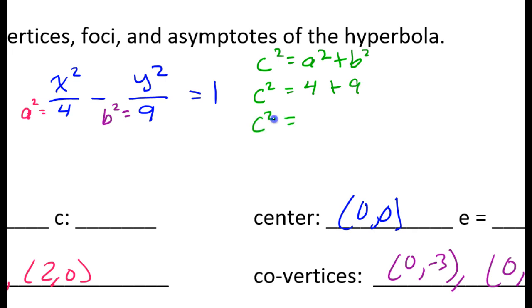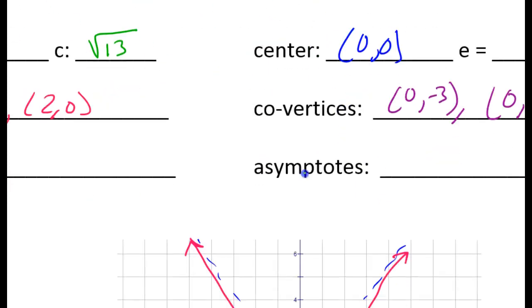So c squared is 13. So c is the square root of 13. It would be useful to know the decimal approximation of radical 13. So the square root of 13 is approximately 3.6. So that'll be useful for graphing purposes.